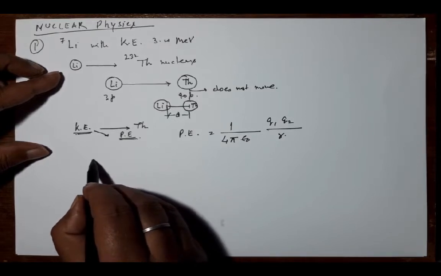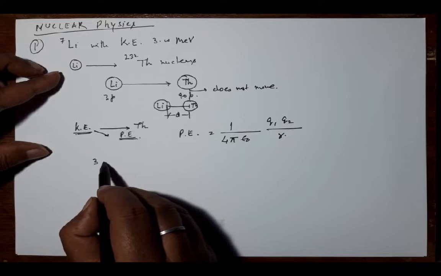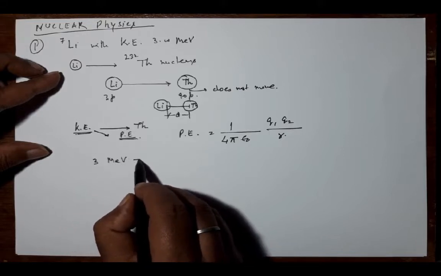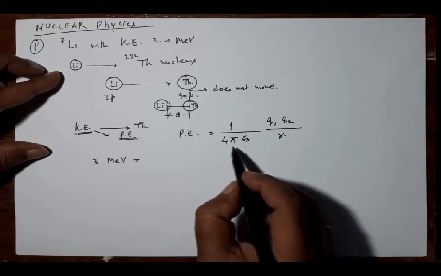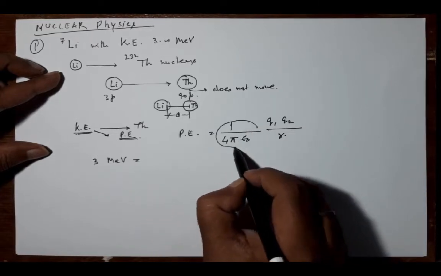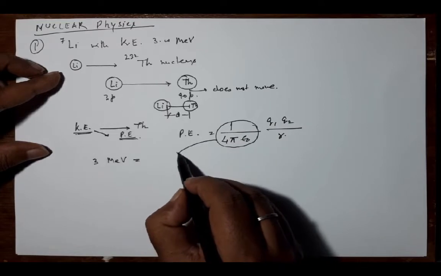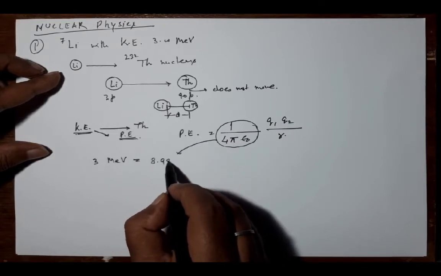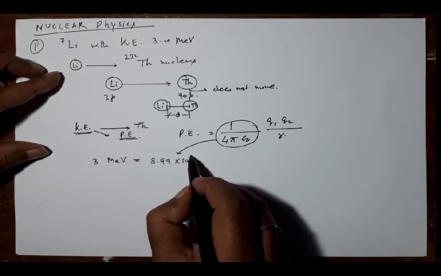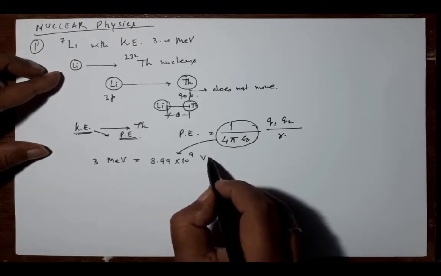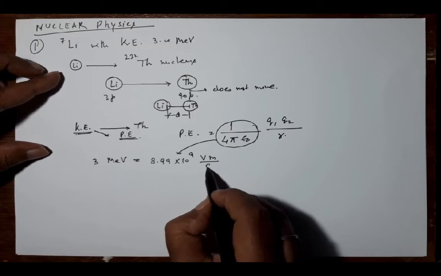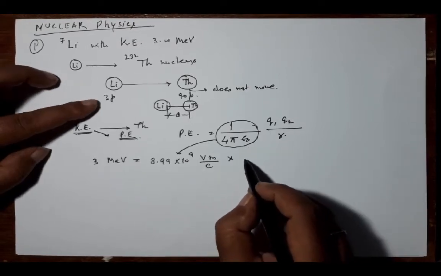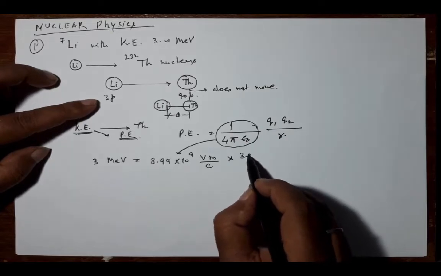In this case, if we equate kinetic energy to potential energy, we can write like this: 3 MeV is equal to this factor. We can write it as 8.99 into 10 raised to 9 volt meter upon coulomb, into Q1 is nothing but 3 protons, that is 3e.